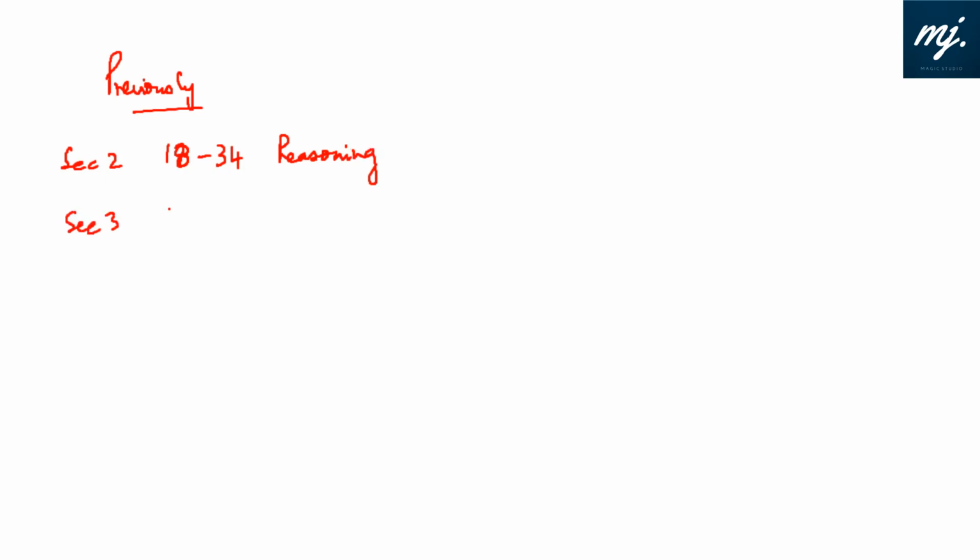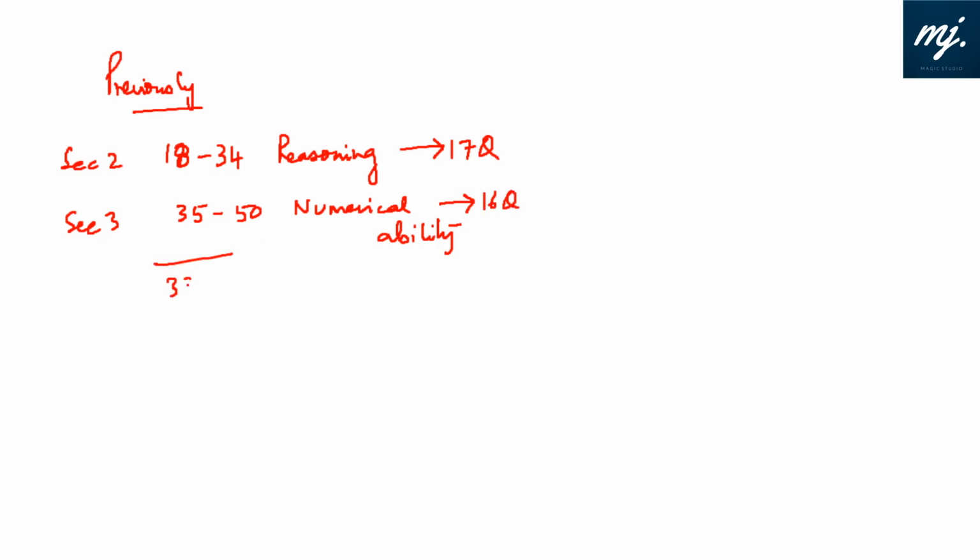Section 3, which starts from question number 35 to 50, was numerical ability. That means altogether from the reasoning section they used to ask 17 questions, and numerical ability, that means quants or maths, whatever you call it, they used to ask 16 questions. Altogether 33 questions from these two sections.